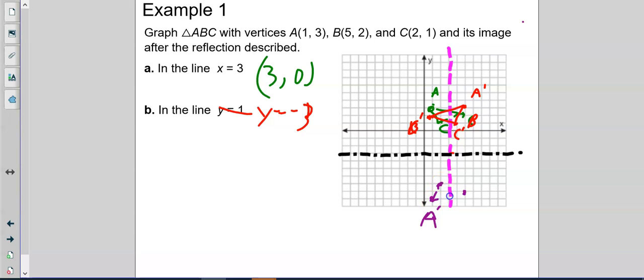And there is my triangle reflected over that line. So you can kind of imagine folding your piece of paper right here. See how the point C is closer to the line, to the fold, than A is, and C prime here is closer to the fold than A is. That's what's happening here.